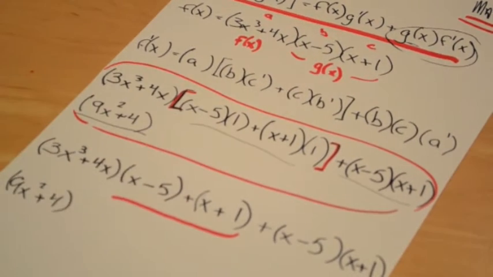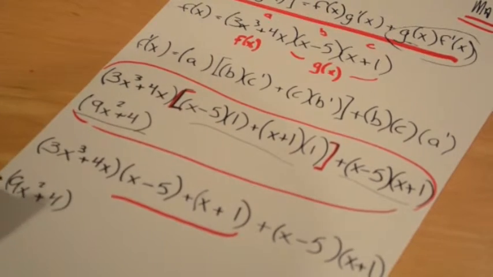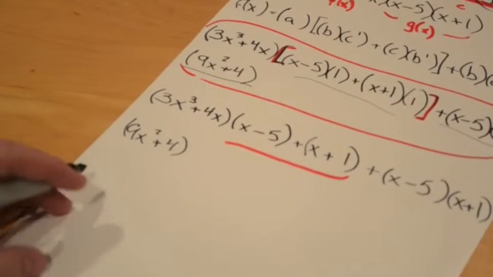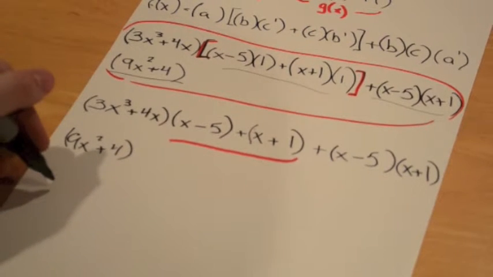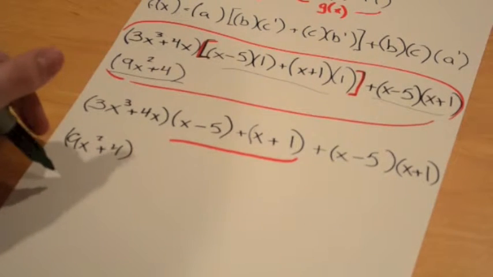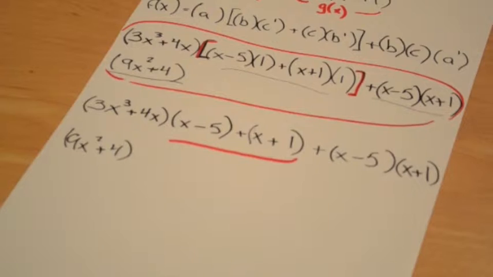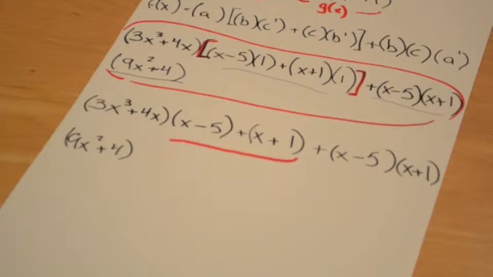Okay, now what you can do is, on your next step, you're going to multiply out 3x to the third plus 4x, x minus 5, and x plus 1.